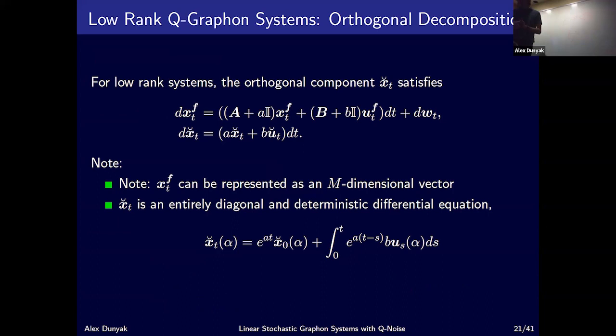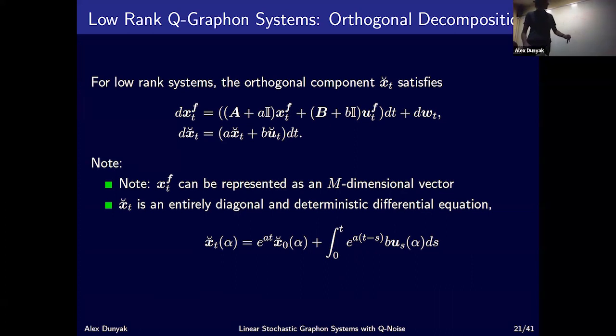So for low rank systems, the part along the eigenfunctions and the orthogonal complement satisfy these two differential equations.